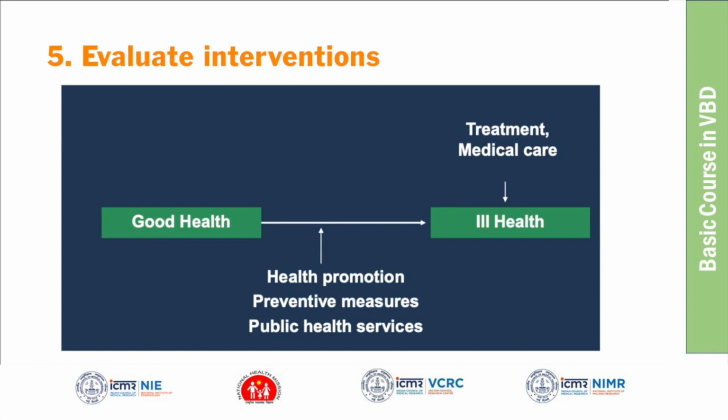Therefore, we check whether our interventions are going in the right direction, whether they need some updating or reconsideration, either in the methodology itself or in how that particular intervention is employed. We need to evaluate our interventions. That's an important component in epidemiology. We have methods by which we systematically look at how well we are doing with reference to a particular health program. So this is an important use of epidemiological science.